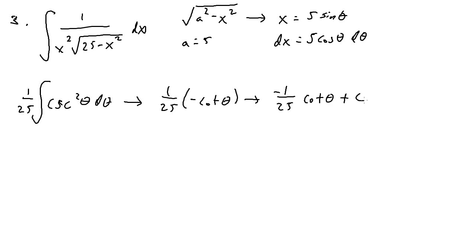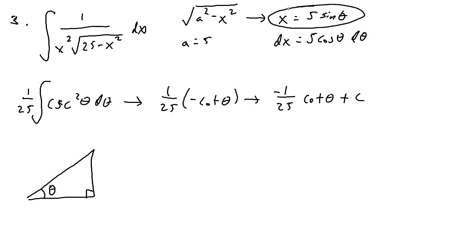So once again, we need to substitute theta for x now. So if we make the right triangle here, make this our theta value, we said earlier that x equals 5 sine of theta. So if we isolate sine of theta, it is going to equal x over 5, meaning opposite over hypotenuse is sine, so opposite is x, hypotenuse is 5.